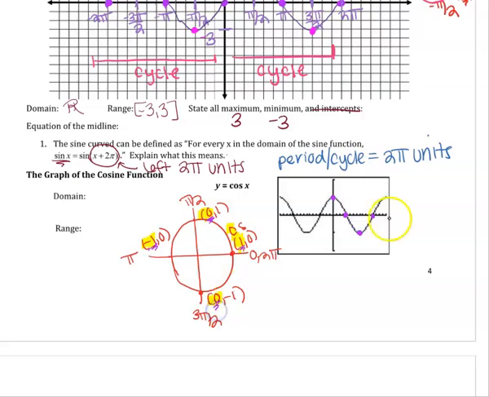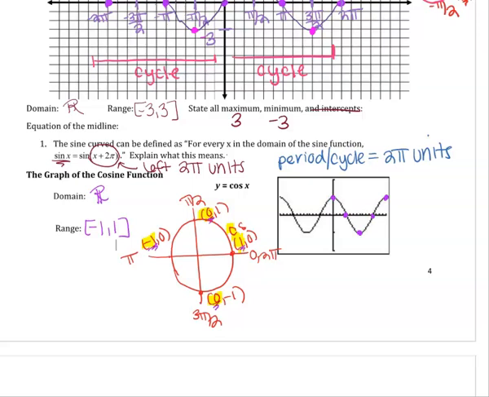At 3 pi over 2, we're at 0. And then at 2 pi, we're back at 1. And there's your 5 major points of cosine. Our domain is still going to be all reals. And our range is still -1 to 1, but the pattern looks a little bit different.